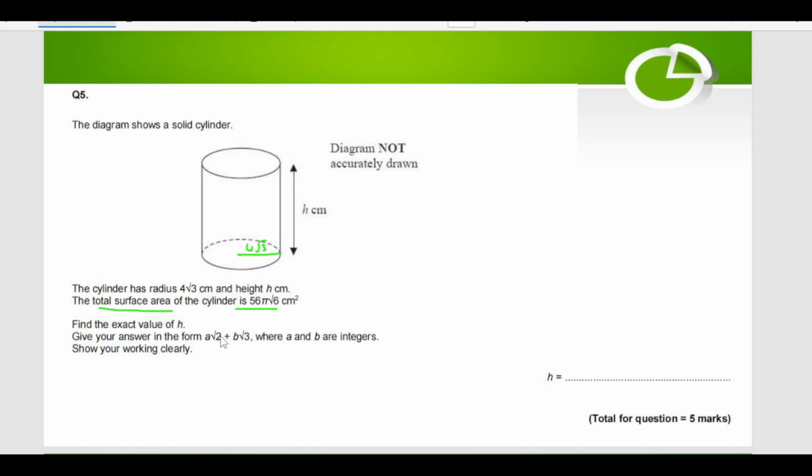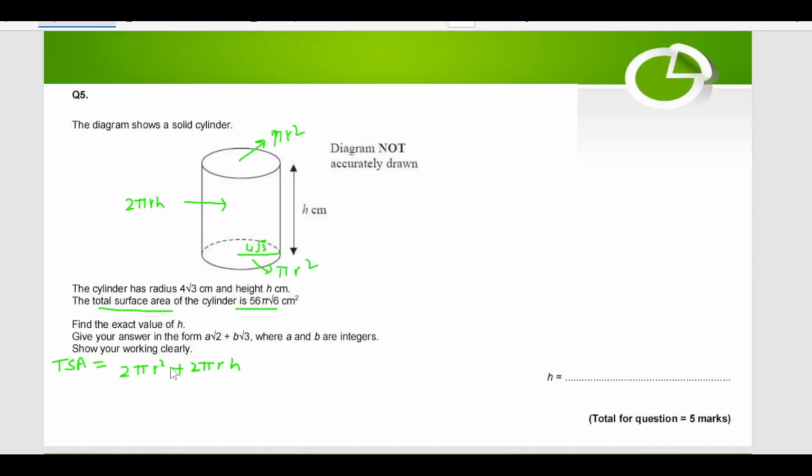Okay, so first of all, let's find out the total surface area. The total surface area of the cylinder means we are looking for this curved part, which is 2 pi r h, and the area of the top is pi r squared, and the area of the bottom is also pi r squared. So the total surface area is 2 pi r squared, we will add together, and 2 pi r h.